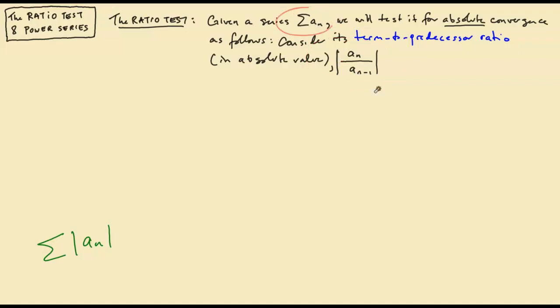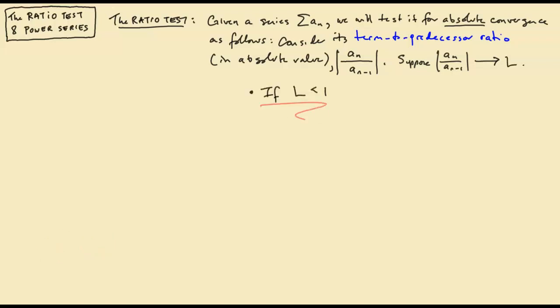If our series were geometric, this would be a constant. Presumably it's not geometric, so this in general won't be a constant. But as we said before, maybe in the limit it will approach a constant. So that's what will show up in our test next. Suppose that that term-to-predecessor ratio approaches some value L in the limit. If L is less than 1, well, what do you suppose happens?